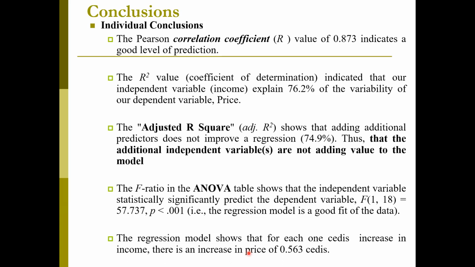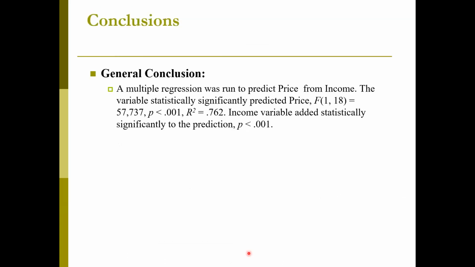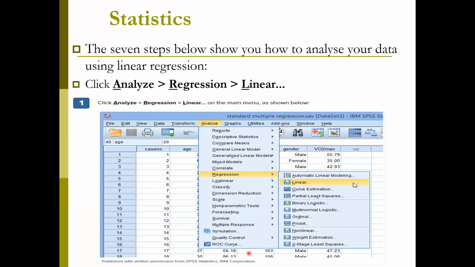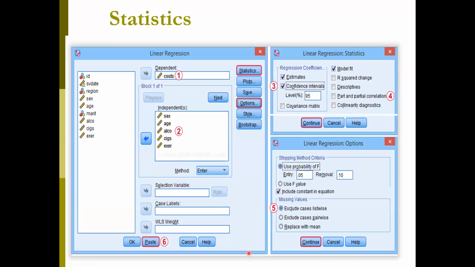That said, for the simple linear regression, what about the multiple regression? The same procedure, 7 steps. Click on Analyze, Regression, Linear. You have this. You select your variables. So in this case, it is cost, sex, age, alcohol, cigarettes, and exercise.